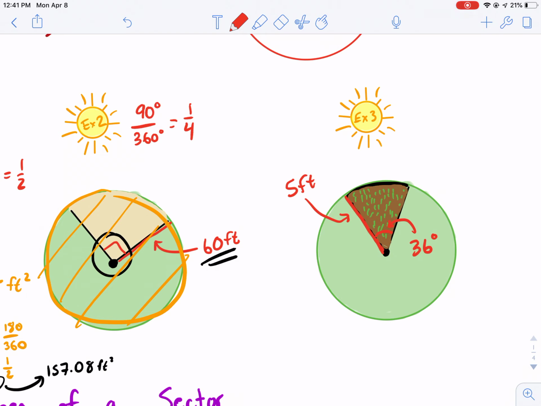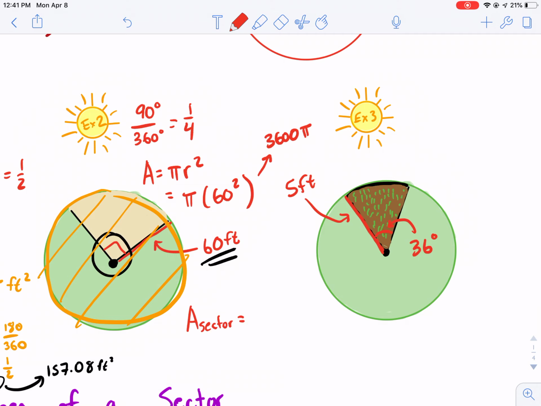The other thing we need to know is the area of the whole circle. So area equals pi r squared, pi times 60 squared, and we get 3,600 pi. But we're not done. We want the area of the sector, not the whole circle.